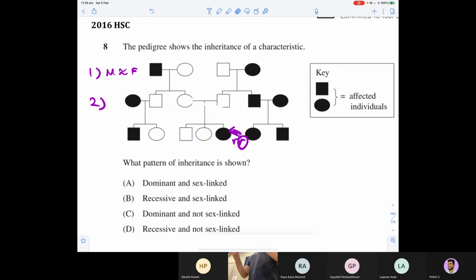So now I'm going to ask Ria, disprove sex-linked recessive to me. What do I need to do? Tell me word for word what I need to write. To disprove sex-linked recessive. That is fair.